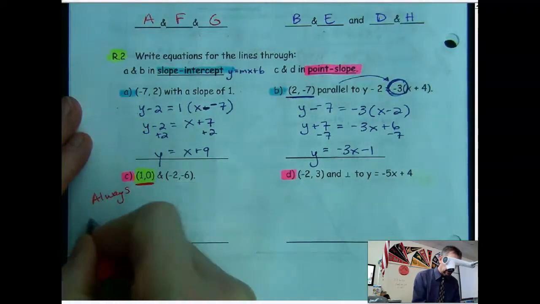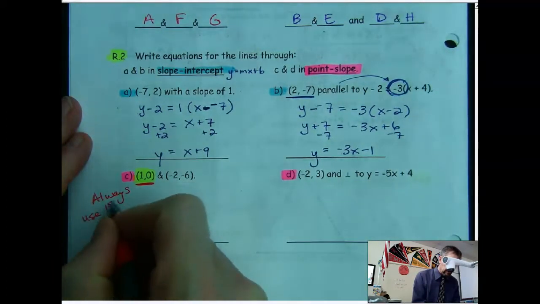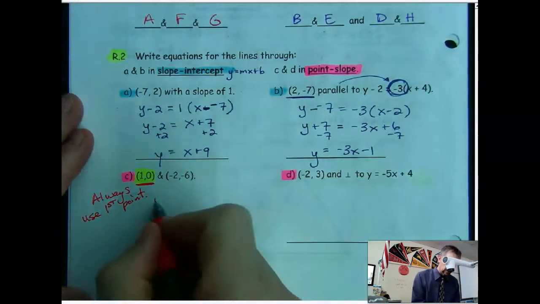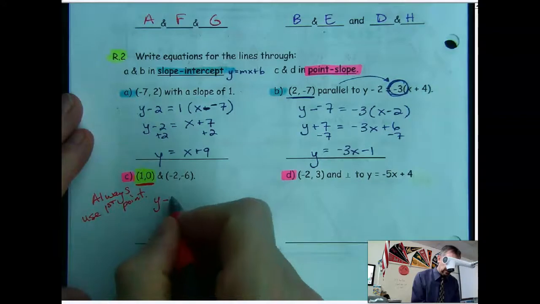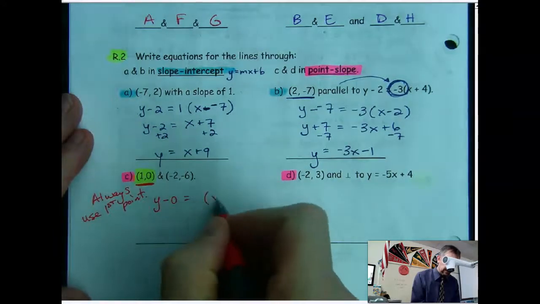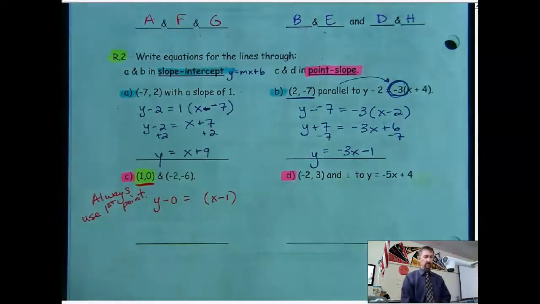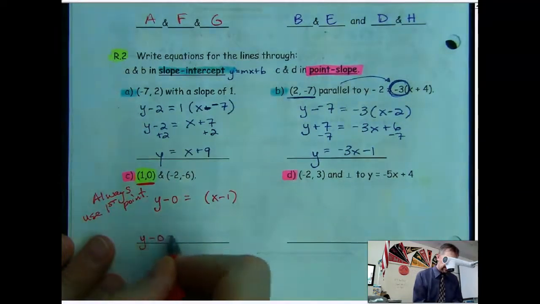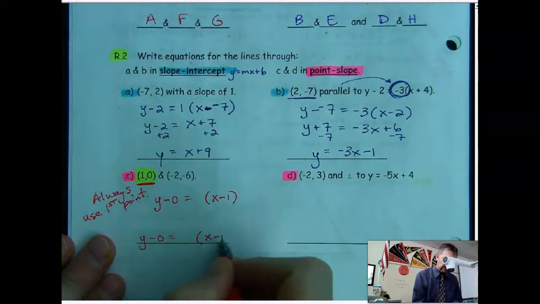Always use the first point. So it's going to be y minus, this is a little awkward with a 0, but y minus 0 equals x minus 1. And I could have just started with that down here since the directions say point-slope form. So that's what I should have done.